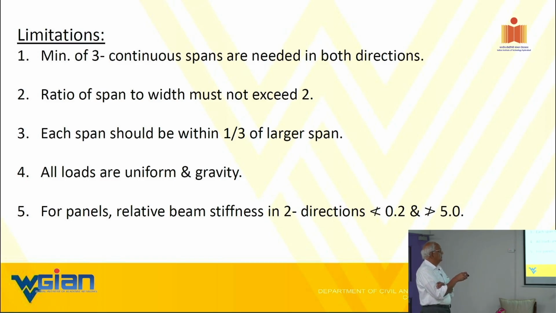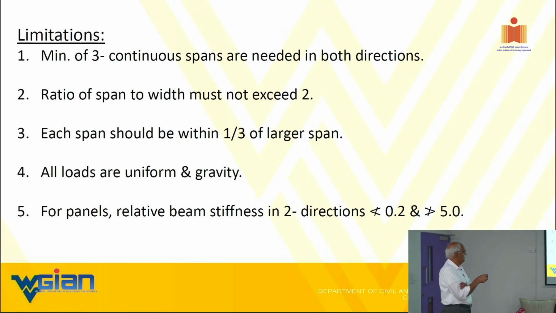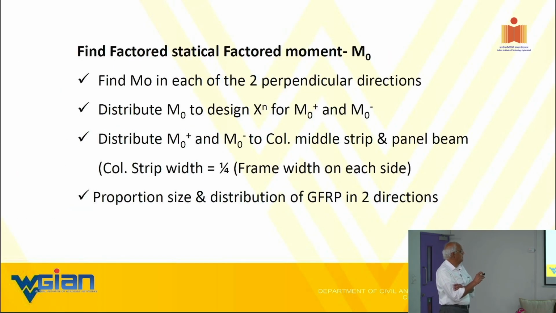All loads are uniform gravity loads, not valid for horizontal. For panels, relative beam stiffness in 2 directions is in that range, between 0.2 and 5. So keep that in mind.